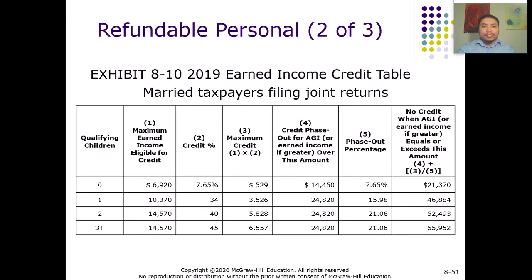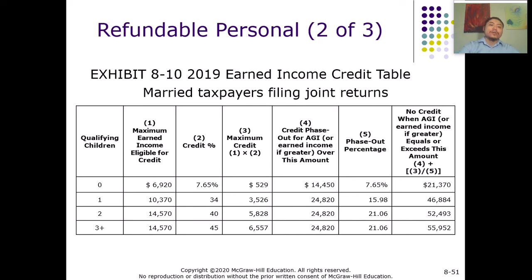So let's look at these exhibit tables to see how this program works, right? Depending on the number of qualifying children that you have, and depending on the level of earned income that you have, we can figure out the tax credit amount, right?